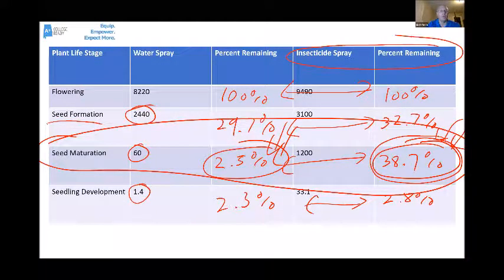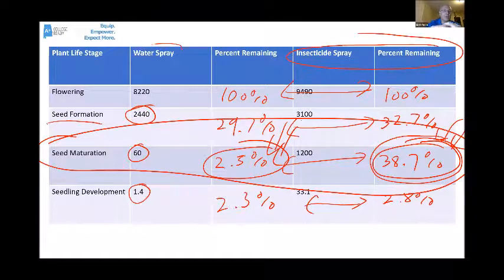Note that in the group where we used an insecticide, more plants are alive than the group where we just used water. So that's telling you, what are the insects doing to the plants? They're eating it. They're feeding on the plants. They're killing the plants. So something to the effect of insects are feeding on the plants, they're killing the plants, something like that.